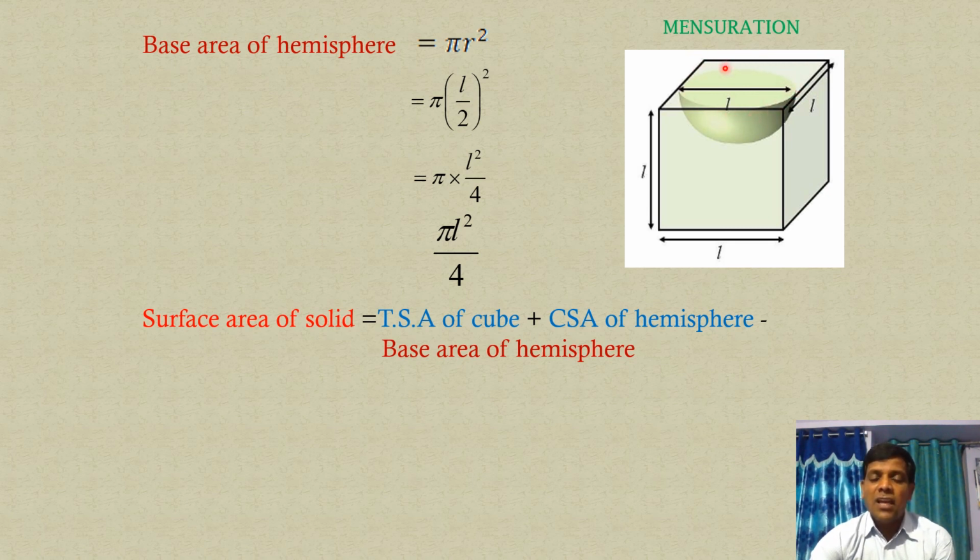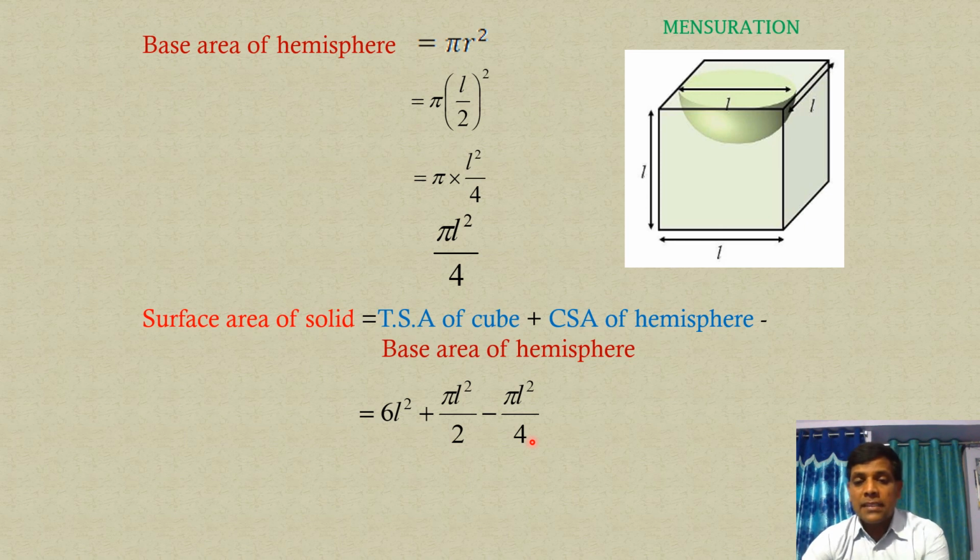So TSA of a cube, 6L square, plus CSA of a hemisphere, pi L square by 2, minus the base area of the hemisphere. What is the base area of the hemisphere? Pi L square by 4.